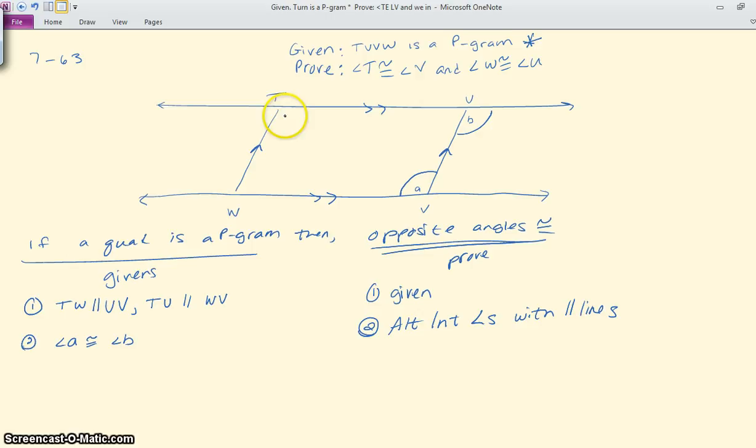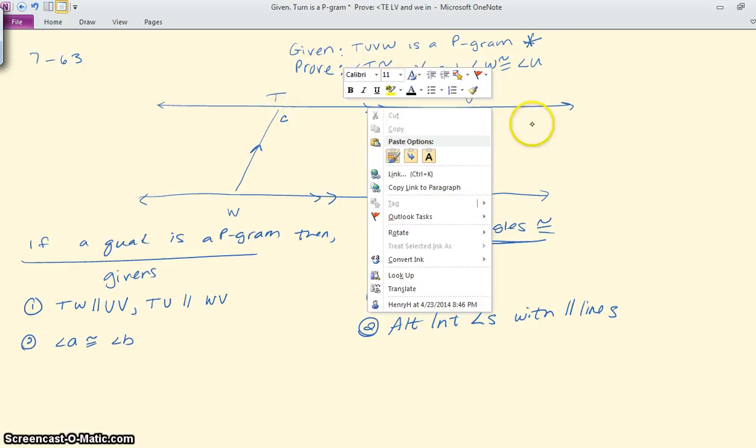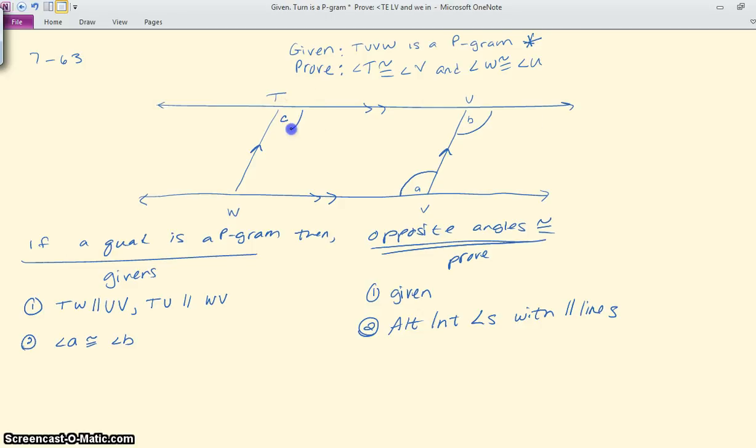And do we also agree that angle C is congruent to angle B because corresponding angles? Now, these are different corresponding angles than those you would find in corresponding parts of congruent triangles. These are corresponding angles created by a transversal and parallel lines.